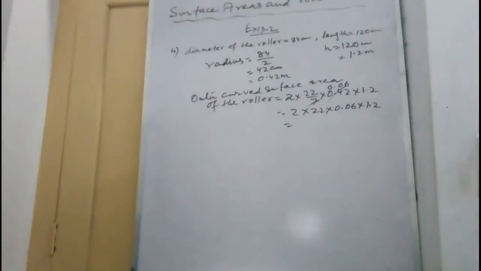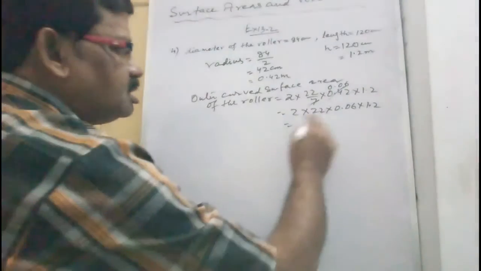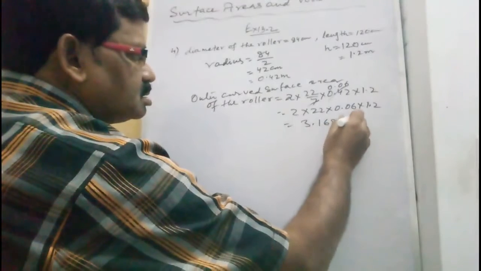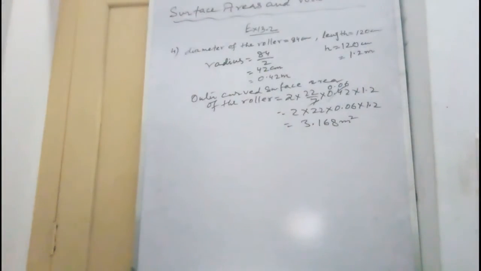Now multiply these four numbers, which is equal to 3.168 meter square.